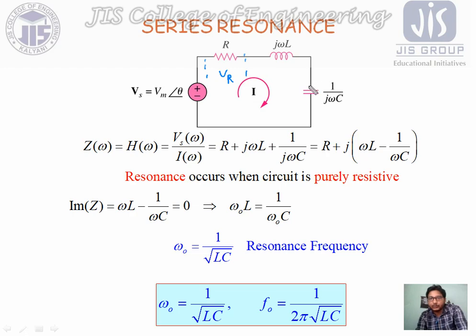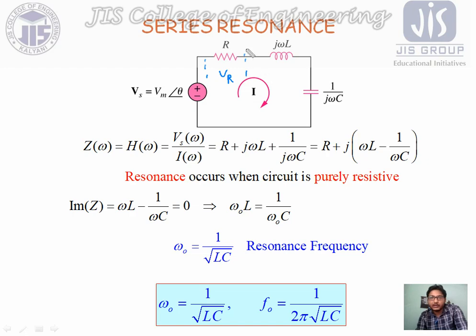If we consider the voltages and change the frequency of this supply, then we will see that the voltages are changing, and sometimes it may happen that the voltage across the inductor or the capacitor may increase to an excess amount compared to the supply voltage.